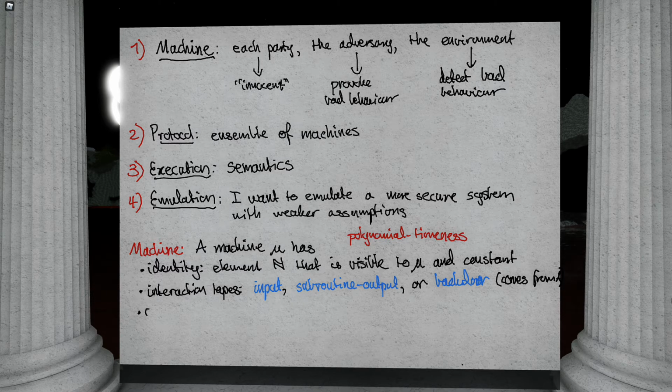So we also have a communication set, and that says what other machines each machine can interact with. So it just says which identities mu can send to, and also which tapes.